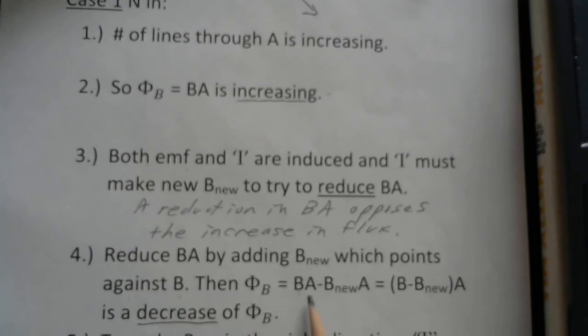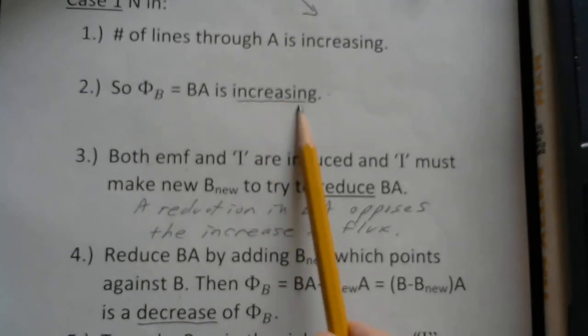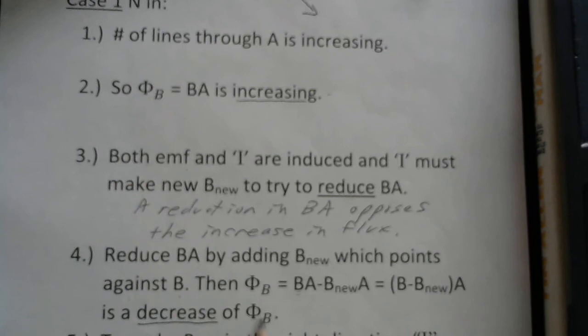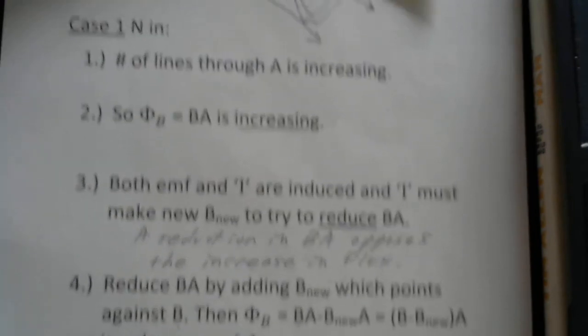Then what's going to happen is when you add up opposite direction magnetic fields in flux, you're going to get subtraction so that you have a decrease in the amount of flux. That's how we are opposing this increase, is by trying to decrease the flux. So we've figured out the new magnetic field that's being made by the loop has to point against the direction of the incoming magnetic field from the magnet.